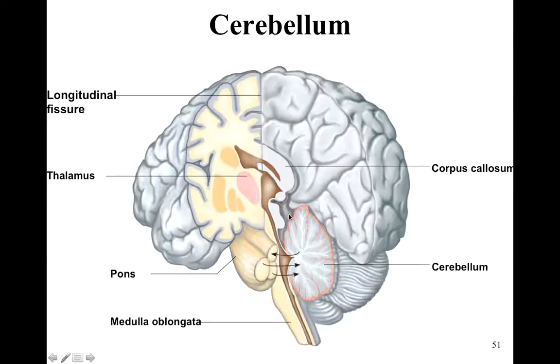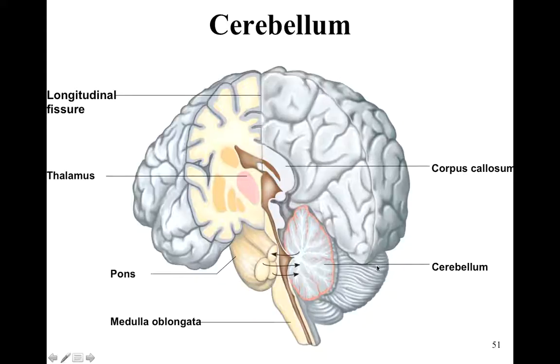Cerebellum. Cerebellum literally means small brain. It's inferior to the occipital lobes. So here's the occipital lobes of the cerebrum. Here's the cerebellum. And it's posterior to the pons and the medulla oblongata. There's two hemispheres.